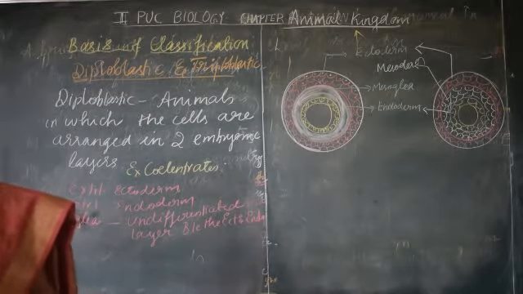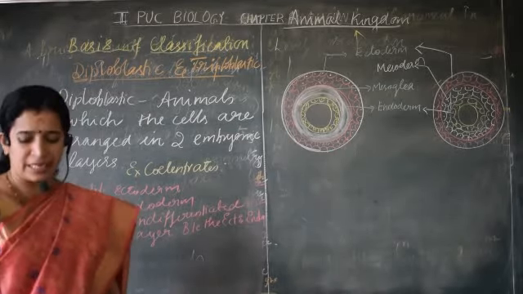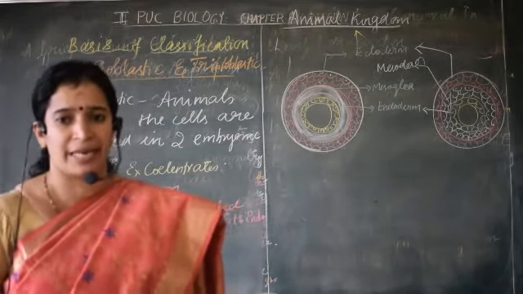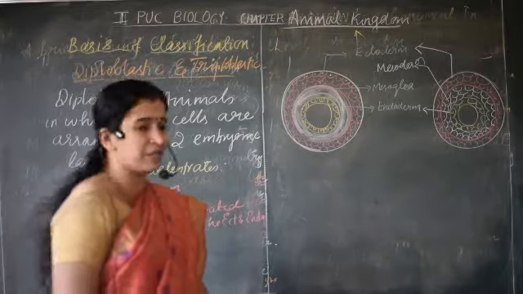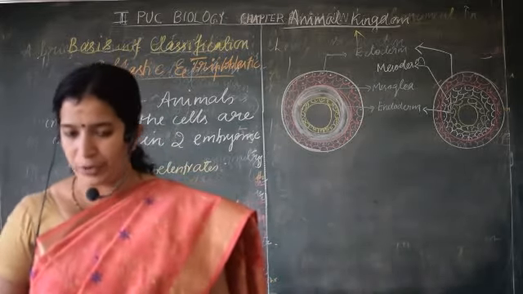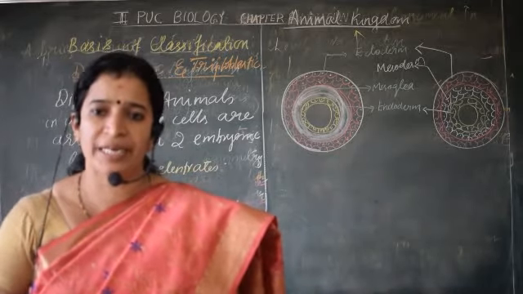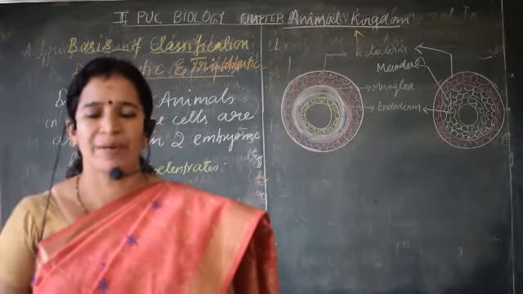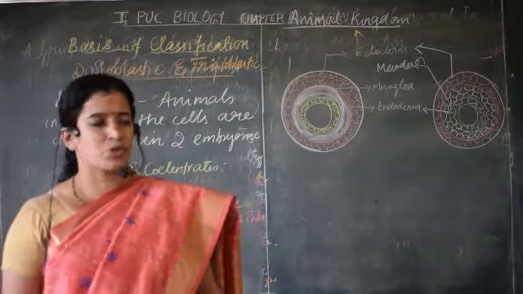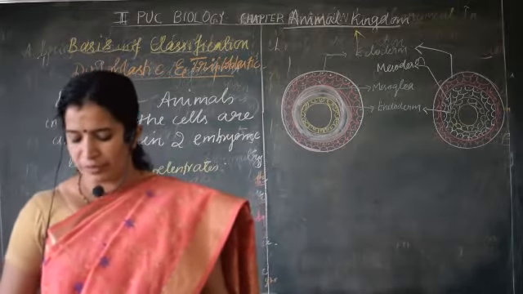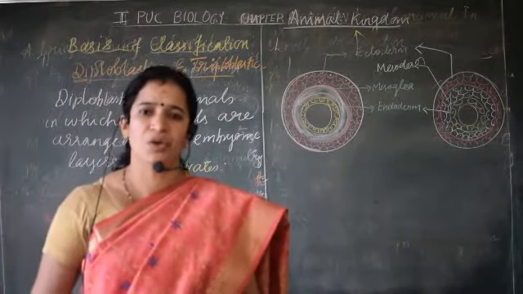So in triploblastic animals the developing embryo will have the 3rd germinal layer, that is mesoderm: the outer ectoderm, internal endoderm, and a middle mesoderm. This 3rd germinal layer can be observed from the group of platyhelminthes to all the chordates.